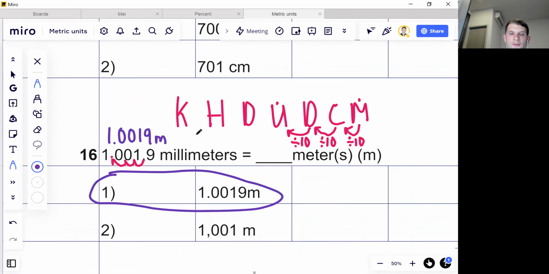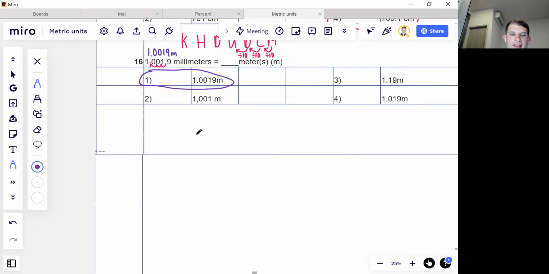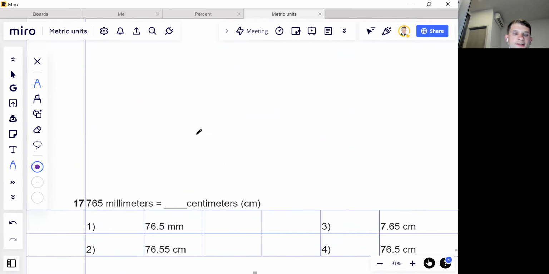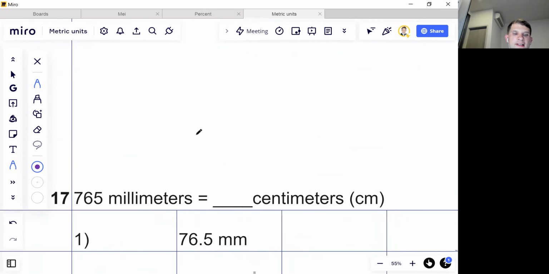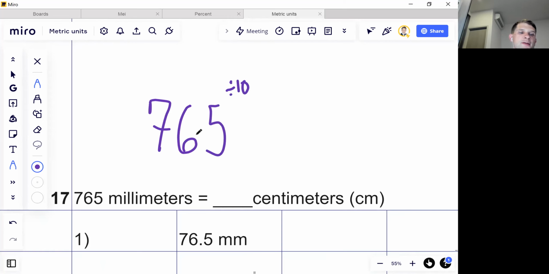So we can move on to number 17. Number 17 says 765 millimeters to centimeters. We're just going 1 step here, and we think fly to a horse, divide, of course. So we have 765, and we're going to divide by 10, which means to move my decimal 1 place to the left.